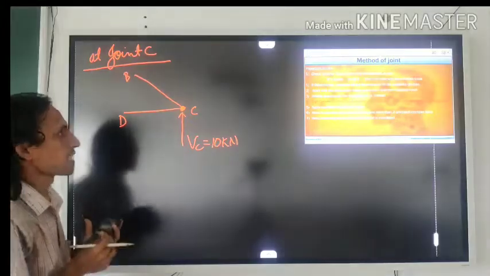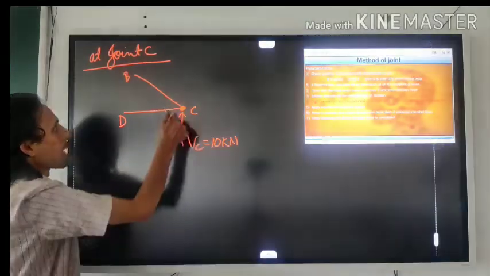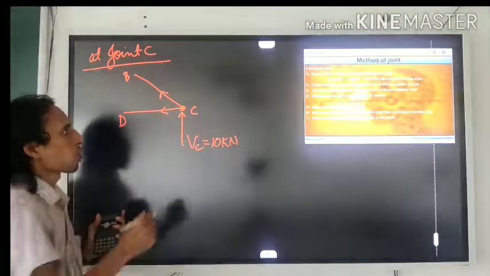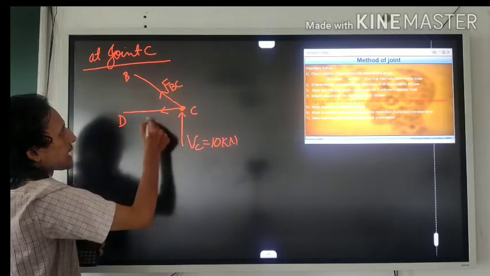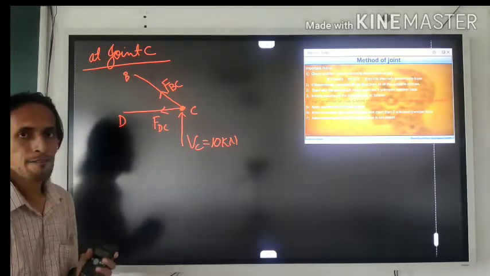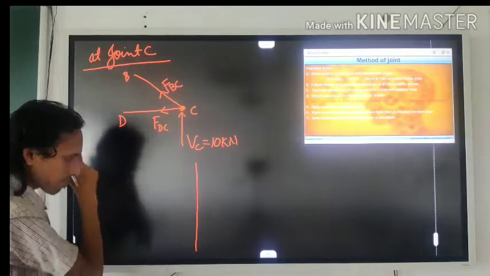Okay, this is the condition. Now assume that all the members are in tension, so away from the joint, tension. Let us say this is force DC, and let us say this is force BC. So again we start applying the method of joints.